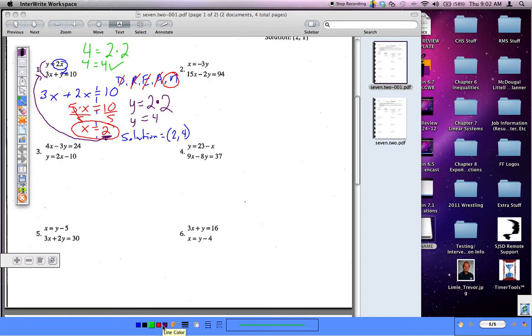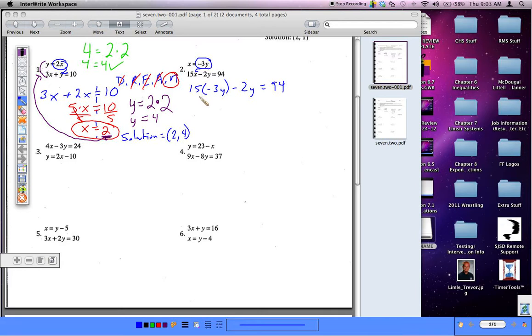Moving on to the second one. Hopefully you can see immediately what needs substituted. Because x is solved for, we take negative 3y, substitute for x, and that would be 15 times negative 3y minus 2y equals 94.